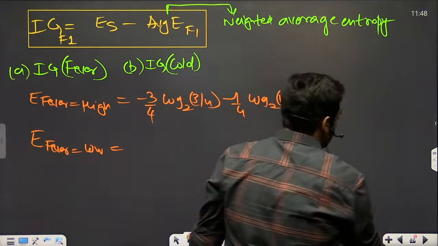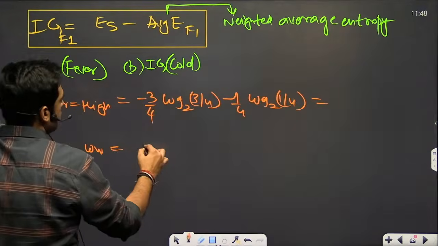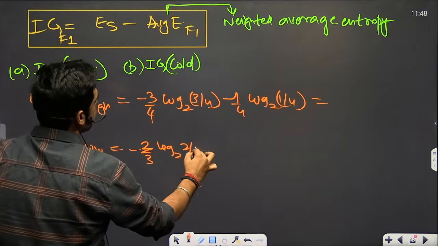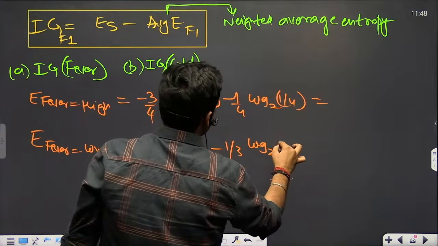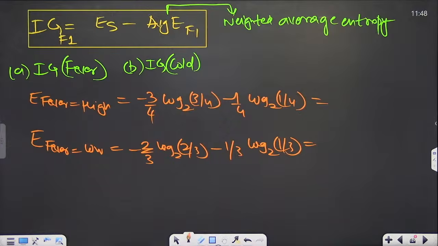For value low, how many yes and no are there? I have 2 yes and 1 no. So that means negative of 2 by 3 log 2 2 by 3 minus 1 by 3 log 2 1 by 3. Guys, just calculate this, how much it is coming.